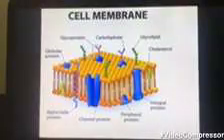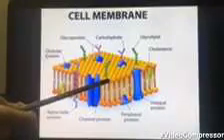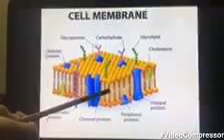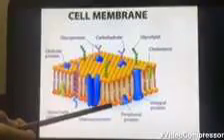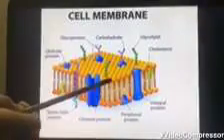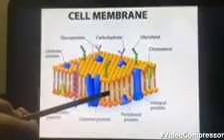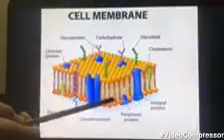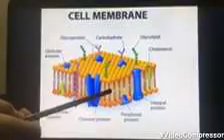Now this phospholipid has a head and a long tail. Similarly, for the other phospholipid, this is the head and the long tail. So the heads are opposite and the tails are facing each other. Why is the structure like this? The tail is hydrophobic by nature.